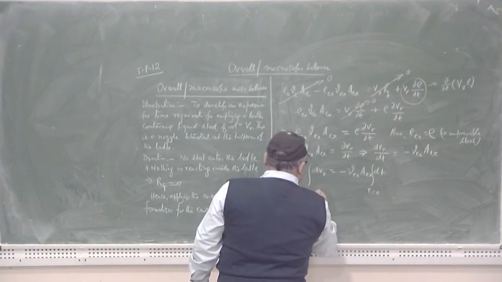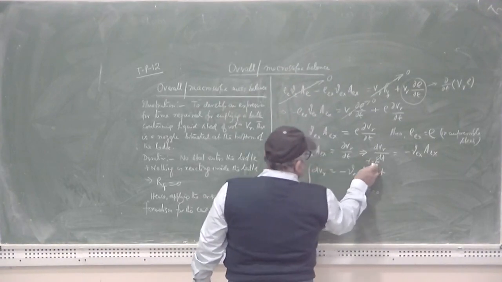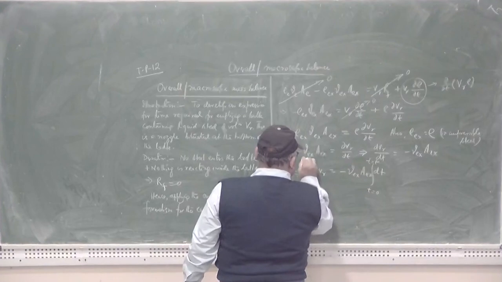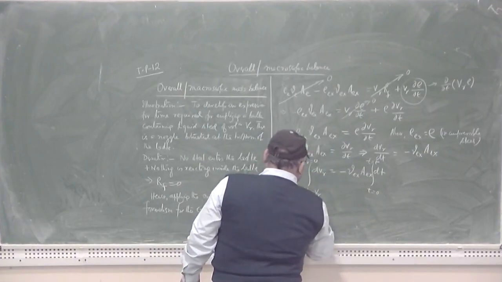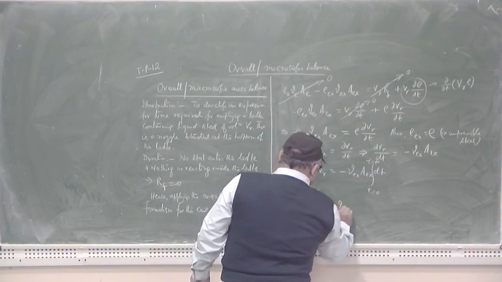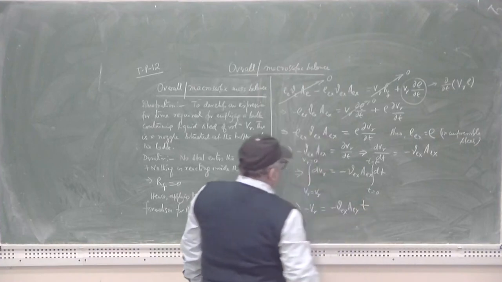V_R is equal to V_R. At time t is equal to t, when the emptying of the ladle is executed fully, V_R is equal to 0. So we can write minus V_R should be equal to minus V_ex A_ex into t.